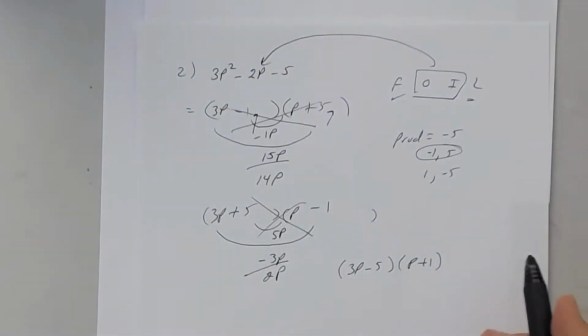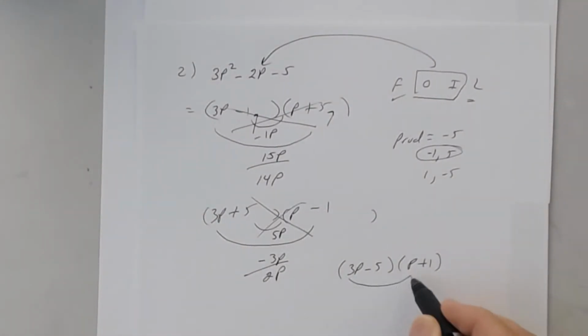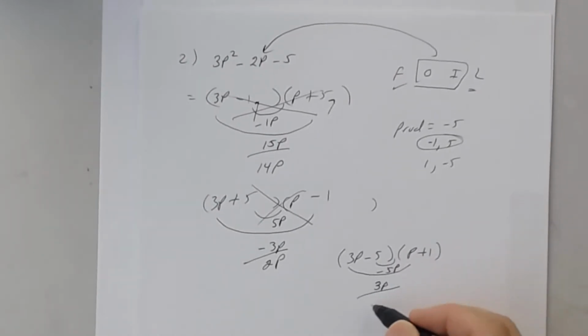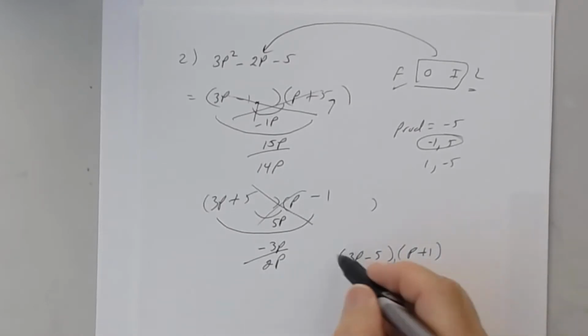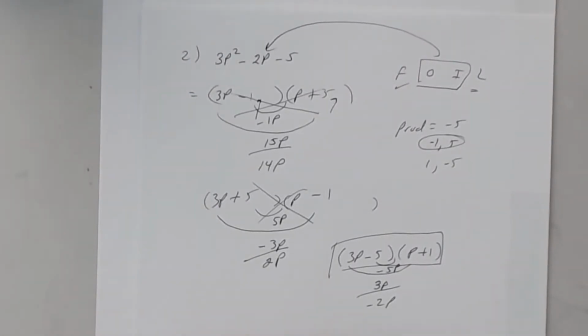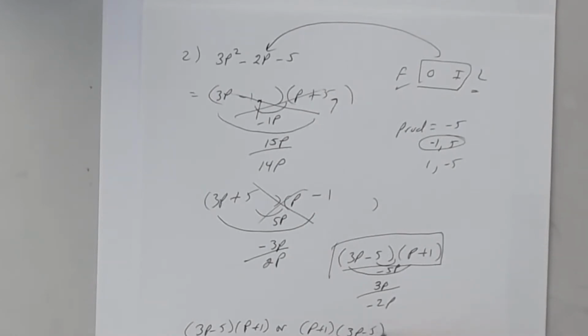But again, check to make sure the outer is what? 3p. The inner is what? When you add them up, what do you get? And that's what you wanted. So the answer is 3p minus 5 times p plus 1. Someone could have said 3p minus 5 times p plus 1, or p plus 1 times 3p minus 5.